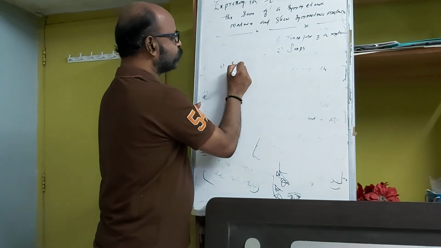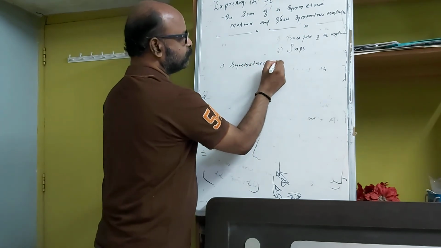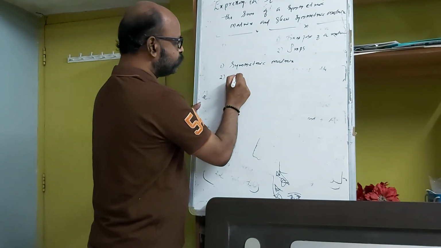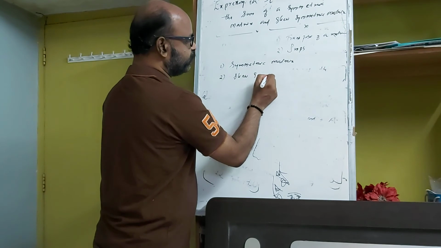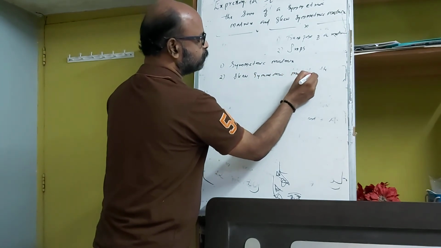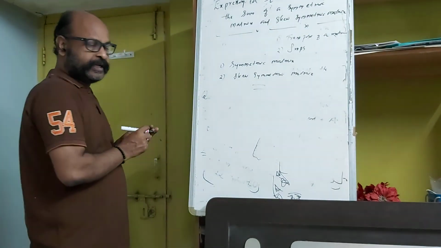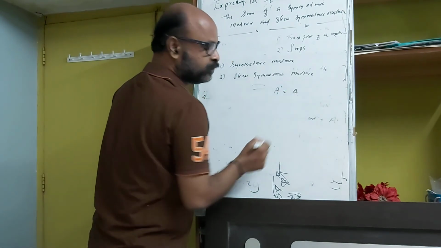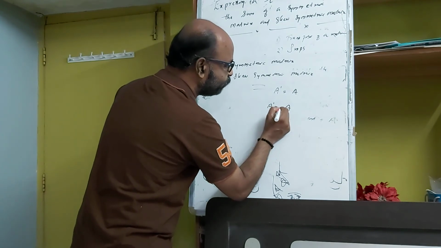The first one was the symmetric matrix, and the second one was the skew symmetric matrix. What was symmetric? A transpose is equal to A. What was skew symmetric? A transpose is equal to minus A.